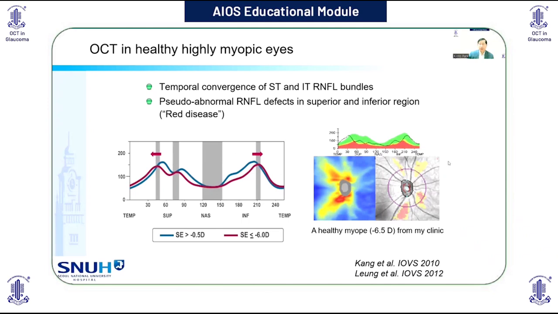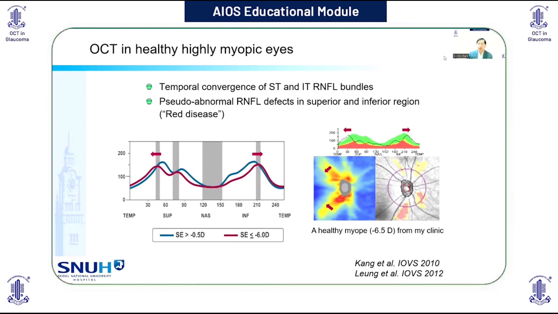And also, if you look at the healthy myope case with minus 6.5 diopters from my patient on the right-hand side, the temporal convergence of the superotemporal and inferotemporal bundles makes a pseudo defect compared to the normative database, because the normative database is not a myopic normative database.